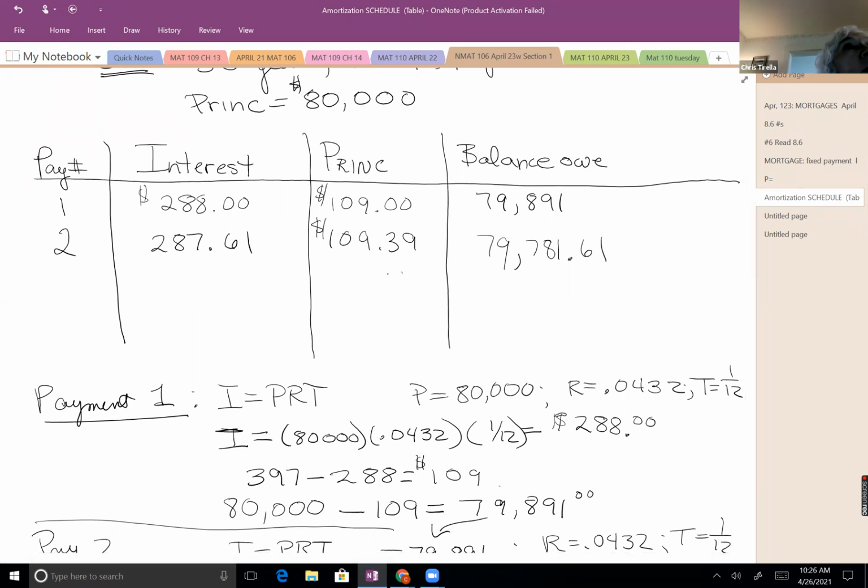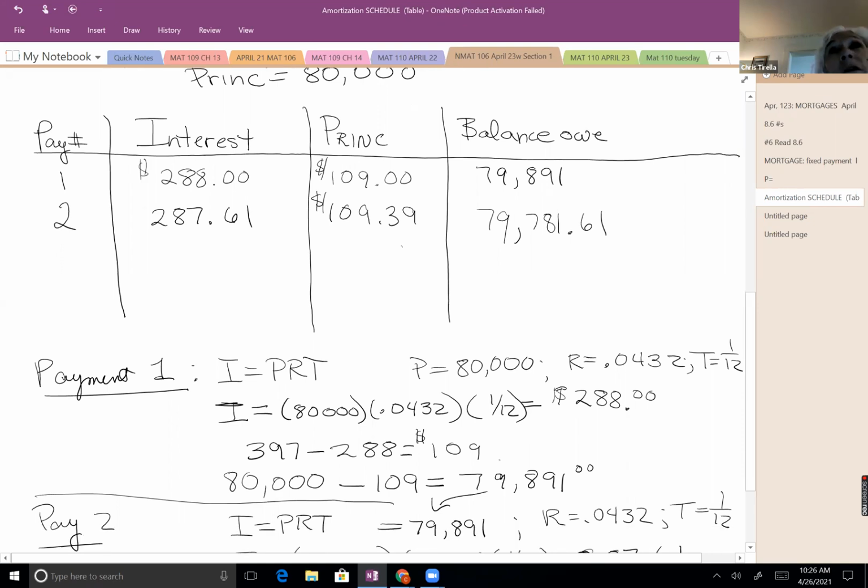I know when we bought our first house, and I believe also when we bought this house, we got a schedule like this that showed all of our payments. And at the very end, almost all of your money is going to the principal and very little of it is going to the interest. Somewhere in the middle of that loan, the two kind of equal out a little bit.